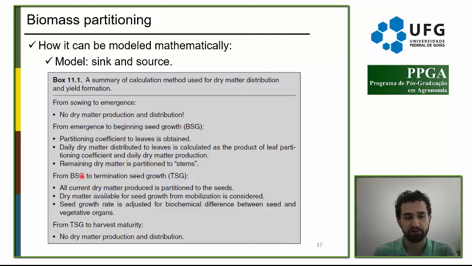However, from the beginning of the seed growth until the end of the seed growth, all current dry matter production is partitioned to seed. We also have a part that is mobilized to grain, and the seed growth rate is adjusted by the biochemical difference between seed and vegetative organs. After the end of the grain growth until harvest, there is no dry matter production.